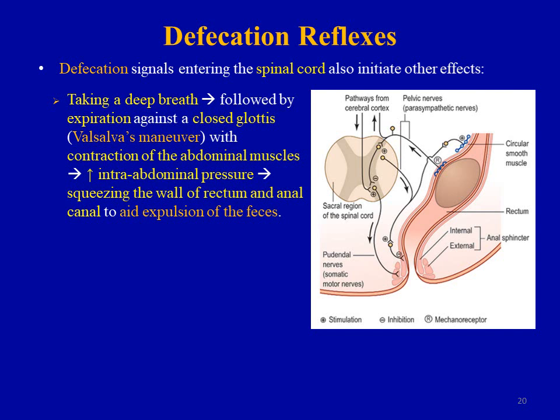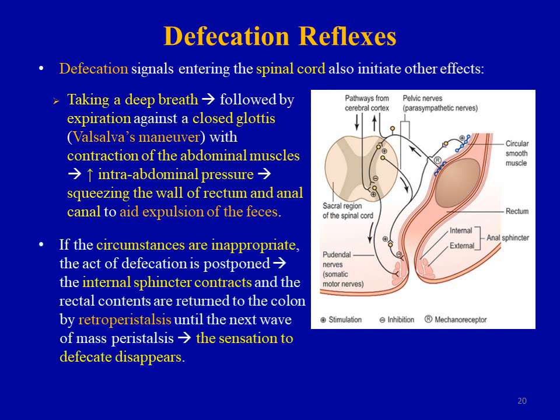This is called the Valsalva maneuver, with contraction of the abdominal muscles. So this will increase the intra-abdominal pressure. This will put pressure from the outside on the colon, especially the rectum and anal canal, and this will aid in the expulsion of feces. So an external pressure on the rectum will help in evacuation of the content of the rectum.